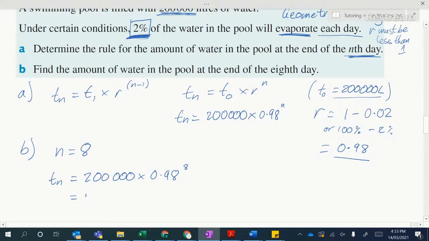I've got, rounded to 2 decimal places in this case, there's my answer. So the amount of water that will be in the pool at the end of the 8th day is going to be 170,152.6 litres.